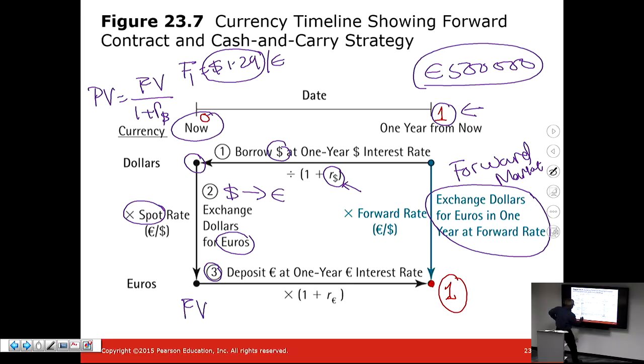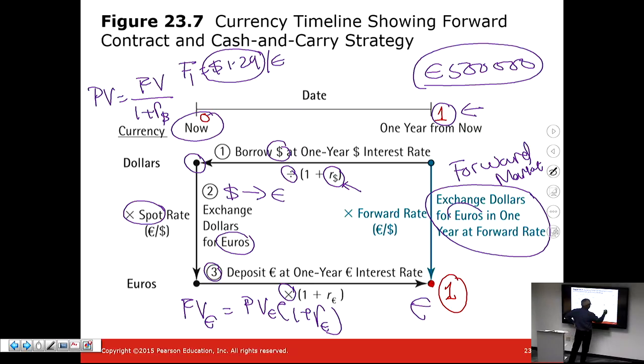So a year from now, I receive a future value in euro, based on the present value of euro that I have deposited multiplied by 1 plus the interest rate in euro. Over here, I'm multiplying by the interest rate. In step 1, I had divided by the interest rate. So now I'm ending up with euros, just as I did over here, where I paid dollars and ended up with euros.